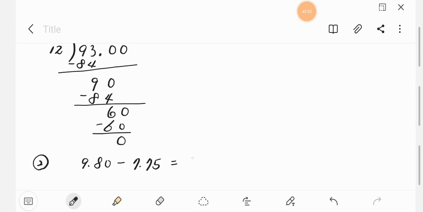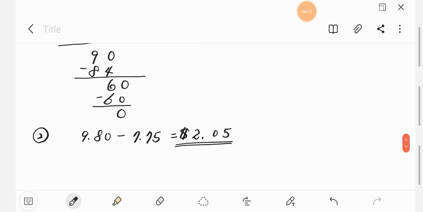Then there will be 2.05 dollars. So this is the amount you save every month, right? So the saving would be $2.05 per issue, right?